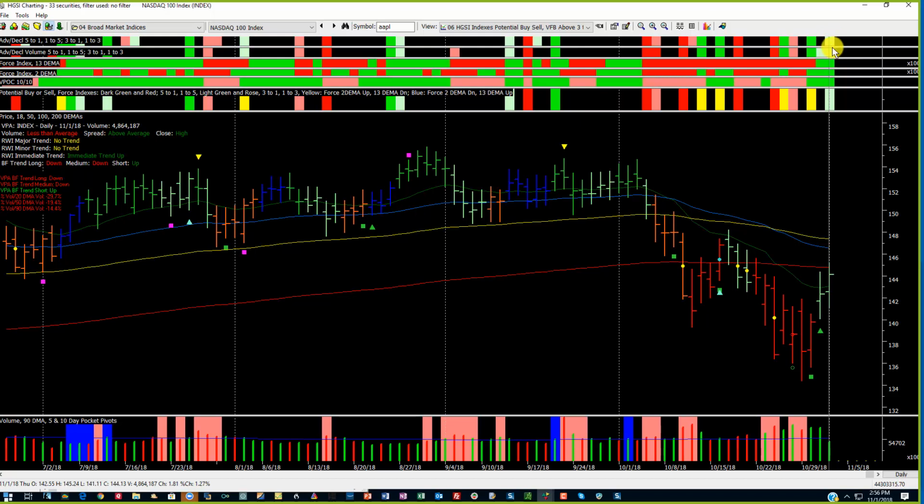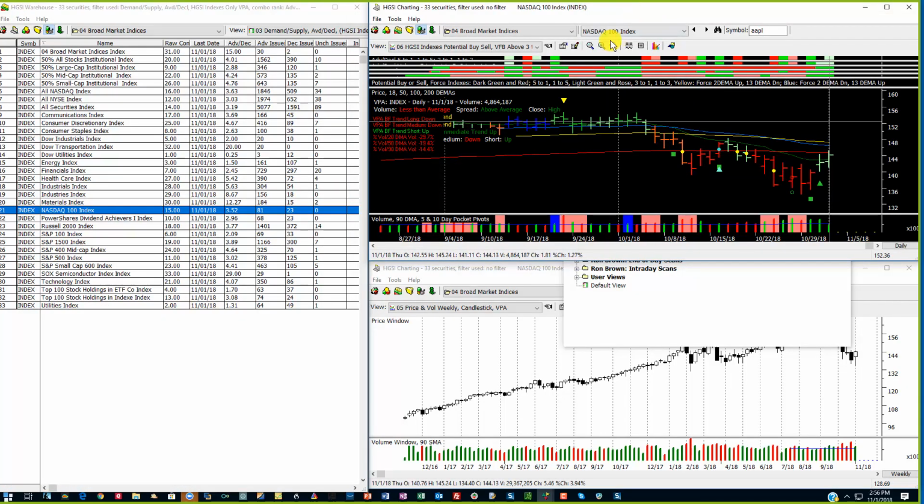These are light green bars. If these are dark green bars, I'd be getting a dark green signal like this, which indicates a stronger day. But we're getting more confirmation that this is a day to buy, or a confirmation day, I should say, for the Nasdaq 100.